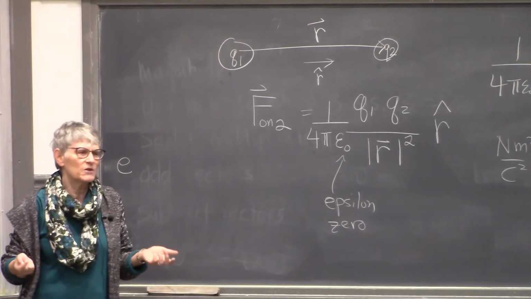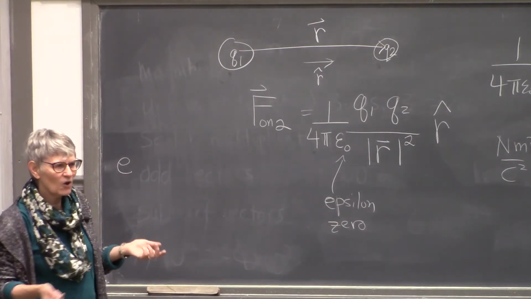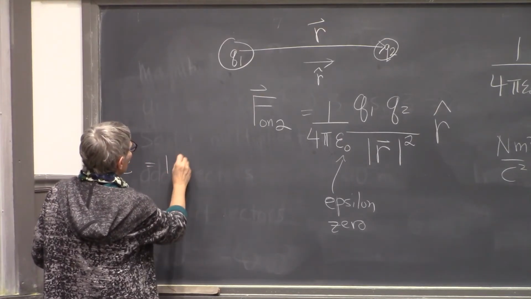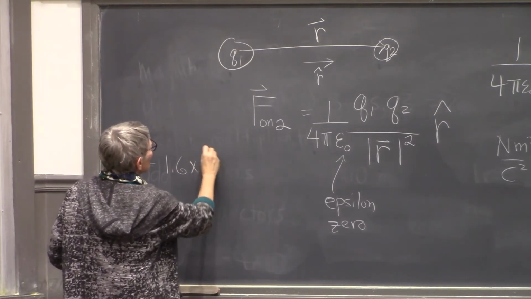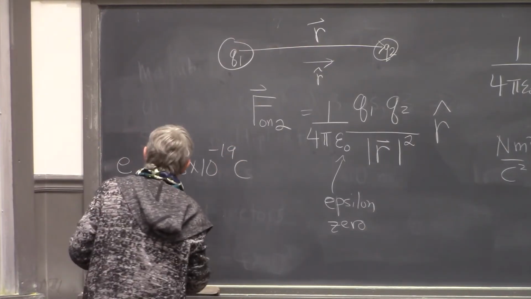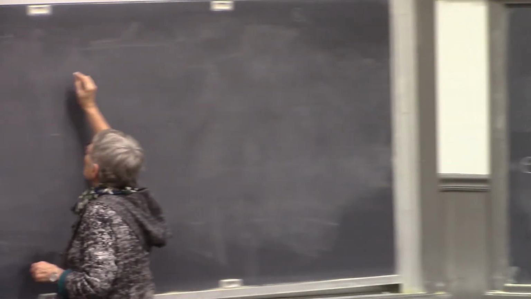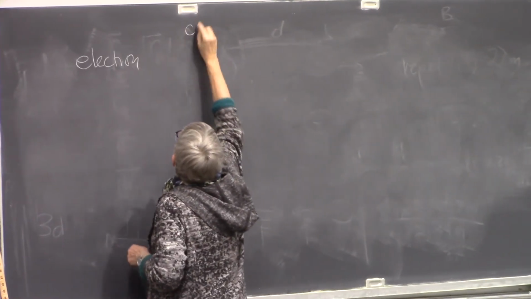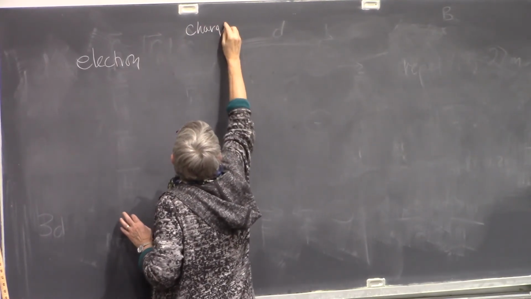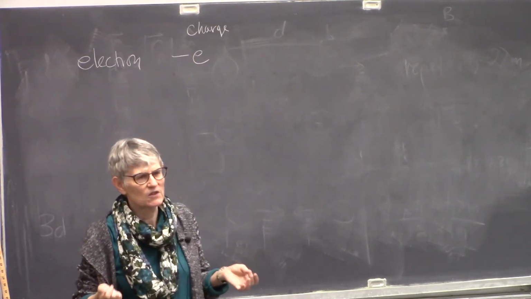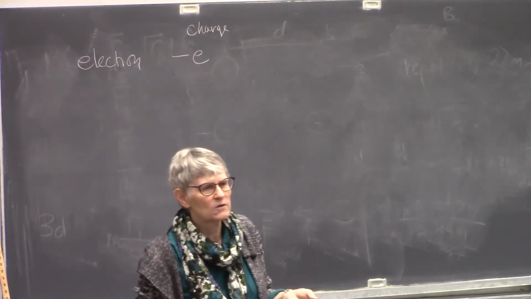This is the charge on a proton, and it's equal to 1.6 times 10 to the negative 19 coulombs. So the charge on an electron is in fact minus e, or minus 1.6 times 10 to the minus 19 coulombs.